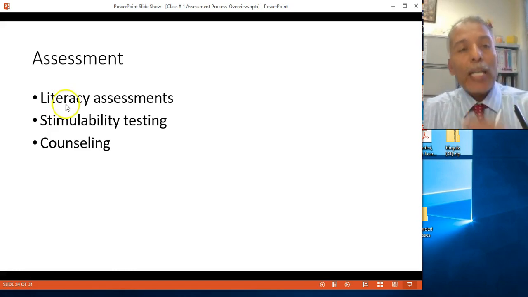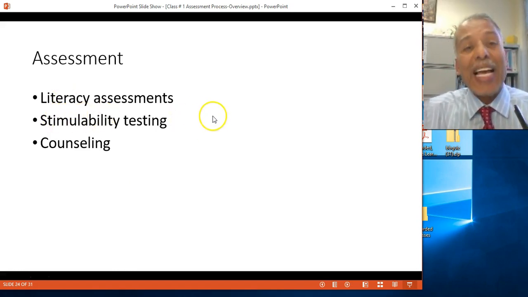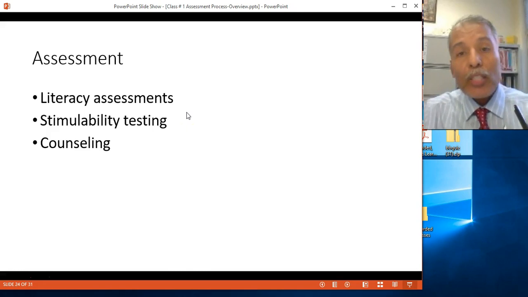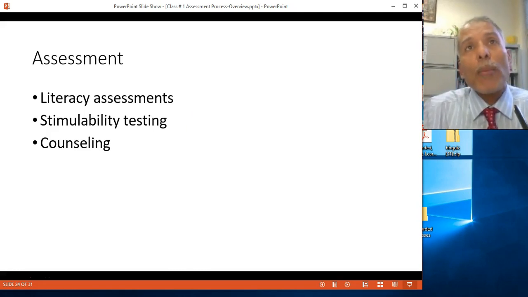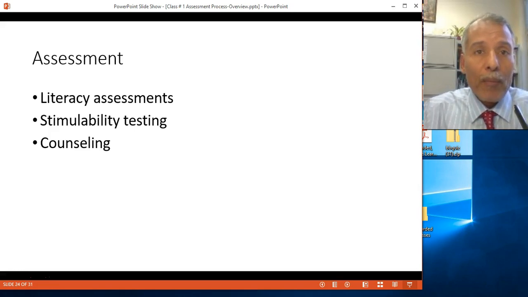As far as literacy assessment, literacy is reading and writing. A speech pathologist is just about the most qualified person to evaluate reading and to evaluate writing, especially given our background in writing and the brain and all of this. However, the reality doesn't permit us to do so.